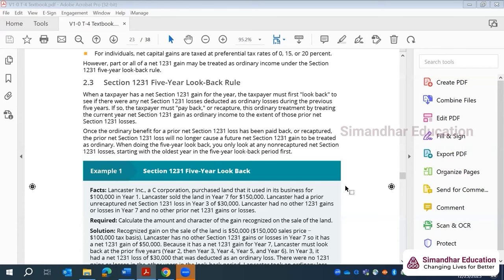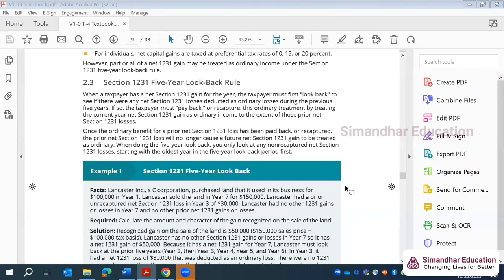Okay. Let's say I have taken $10,000 of section 1231 loss in year 3, and in the current year, I have a section 1231 gain of $20,000. So what do I do with this $20,000 of gain?